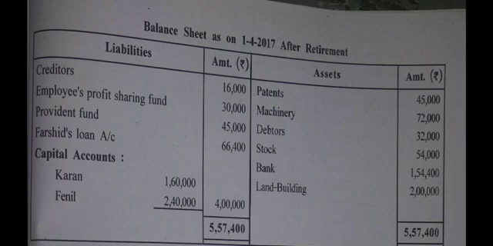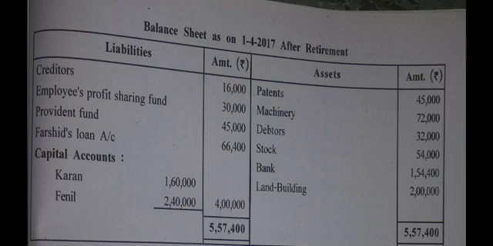On asset side, you can see it is written bank 1,54,400. Yes, and on credit side, you can see the closing balance of capitals, which are as per the new ratio as per adjustment number 8 that we have understood, which is 1,60,000 and 2,40,000 respectively. And the total capital of the new firm is just similar to the total capital of old firm, which is 4 lakh.